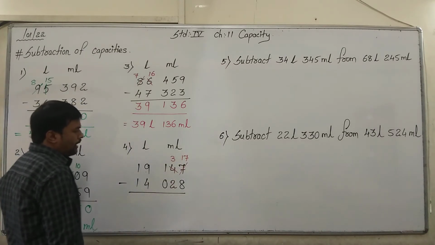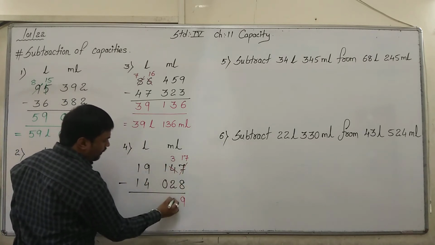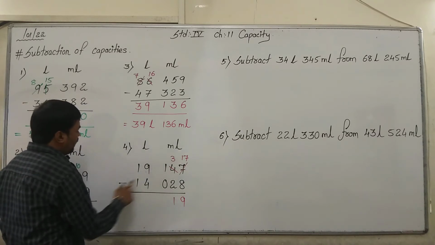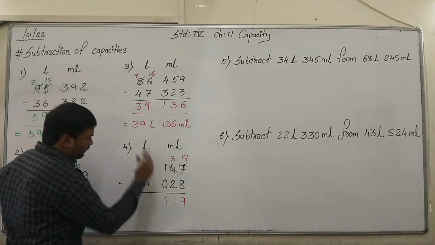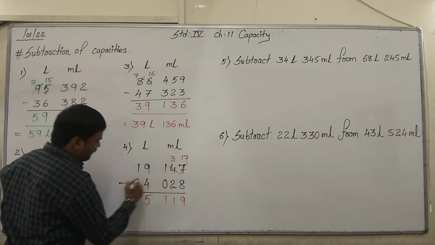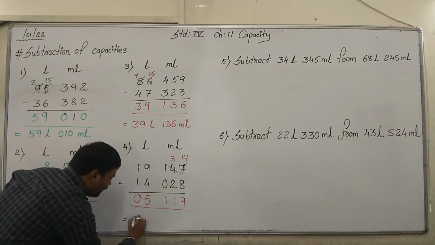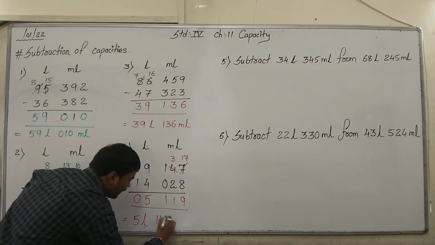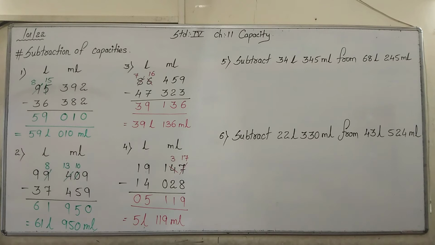So 17 minus 8 will be 9. 3 minus 2 will be 1. 1 minus 0 will again be 1. 9 minus 4 will be 5. And 1 minus 1 is 0. So your final answer will be 5 liters 119 ml. Right? Are you getting how to subtract these numbers? Very easy, right? We can easily solve that one.